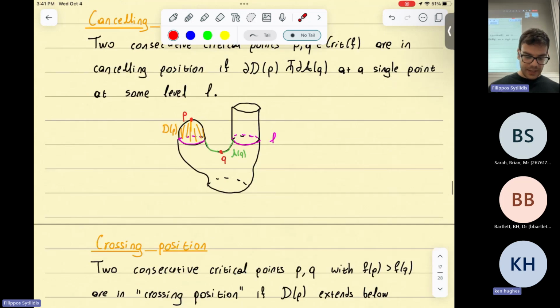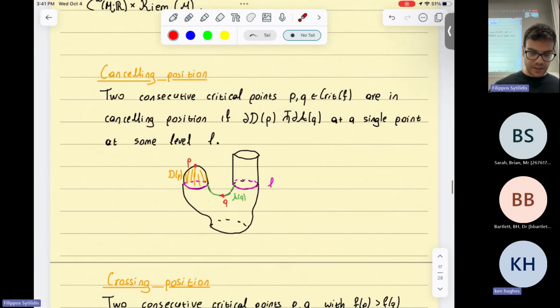And now I guess I can actually state what geometric conditions are needed for cancellation or crossing, for two critical points to be in cancelling position.